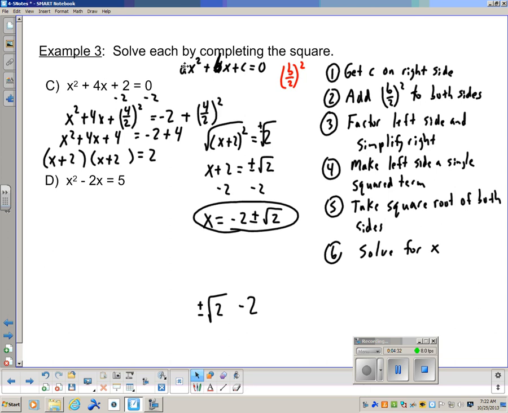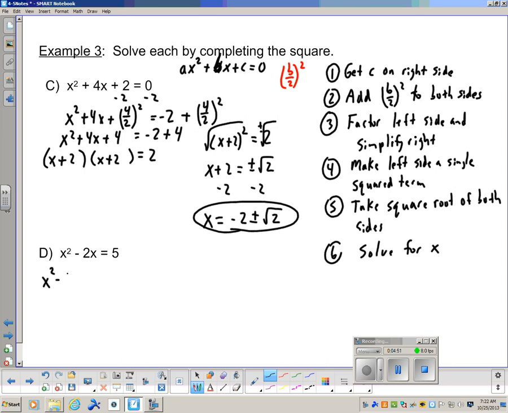So you've got one final one here. Let's look at part D. I'm going to scoot this down a little bit. This time the c is already on the right-hand side, so I can skip step 1. Step 2, we're going to add b divided by 2 squared to both sides. My b value here is negative 2.